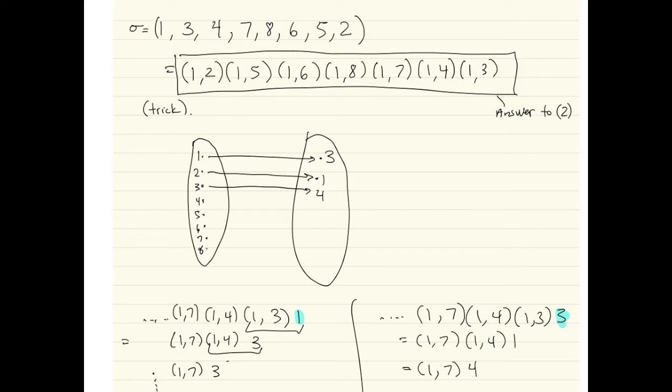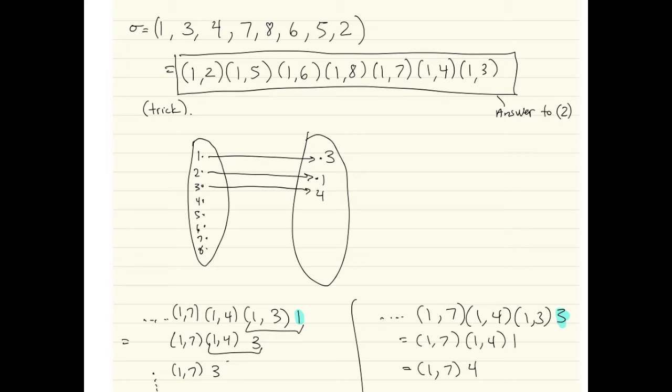You start with the first element listed in the cycle notation for sigma, which happens to be 1, and then you work backwards and write (1 2), make that a cycle, then start a new parentheses, 1, and the next number from the last one, which is 5 in this case. Close that transposition, and then so on: (1 6), (1 8), and so on, and stop at (1 3).